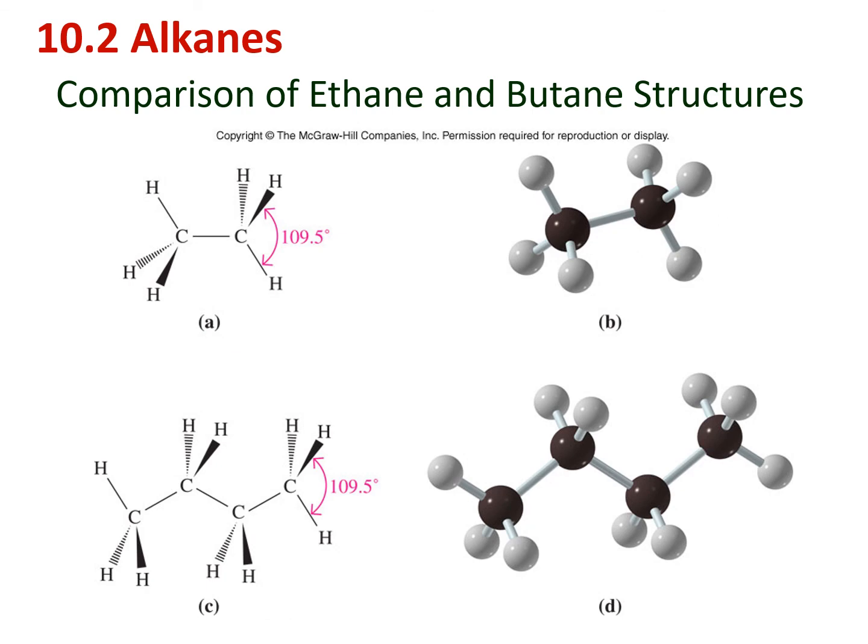Next is a comparison of the structure of two small alkanes, ethane and butane. Ethane has two carbons in it, C2H6 is the formula, whereas butane has four carbons in it, so C4H10 is the formula. When an alkane has two carbons, it's usually represented by a straight line bond between them.